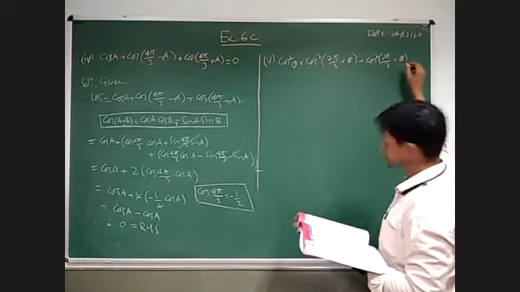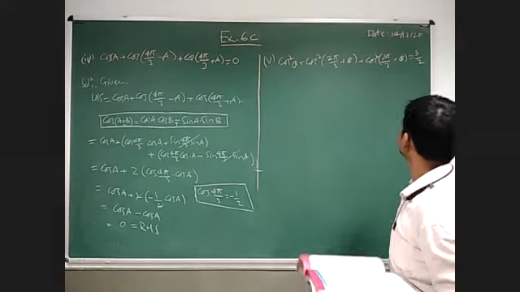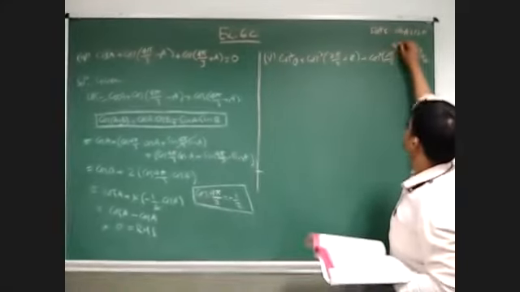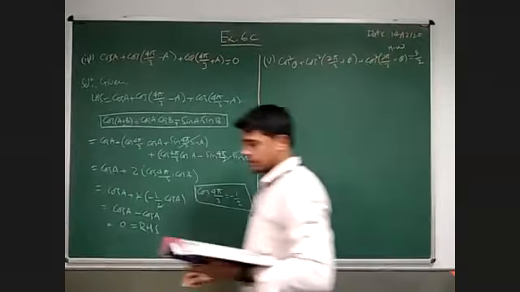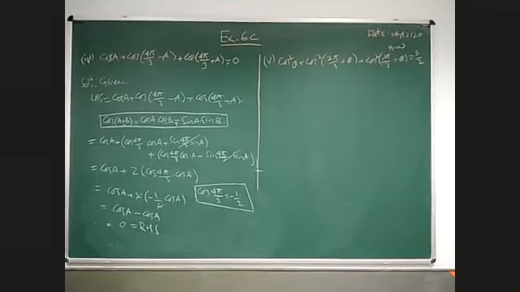Here you have to prove the value will come 3 by 2. This is homework. If you don't get the answer, then let me know, I will try to solve.